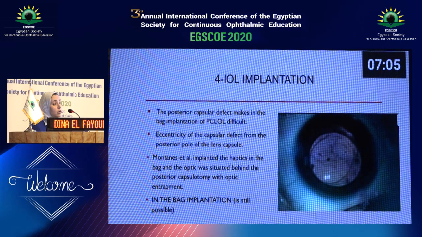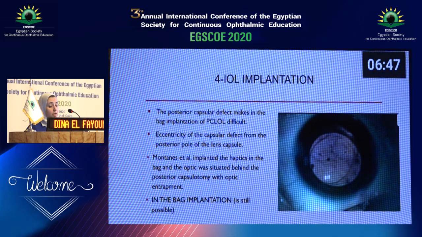When we come to the intraocular lens implantation, it is usually difficult in certain cases, when the posterior capsular defect is large or eccentric, to preserve the capsular bag for an in-bag implantation.